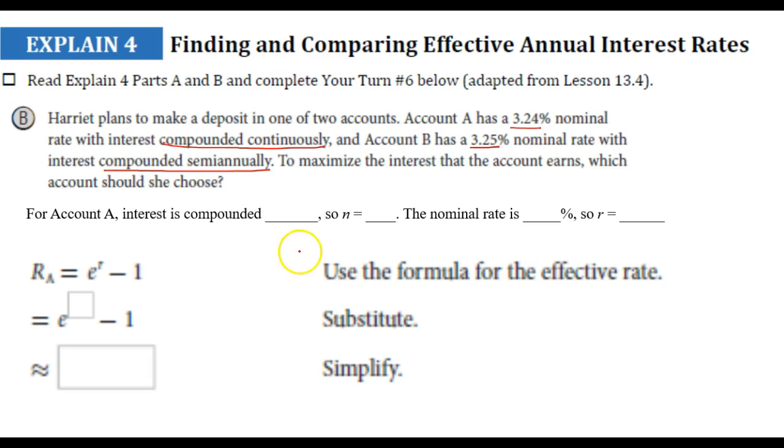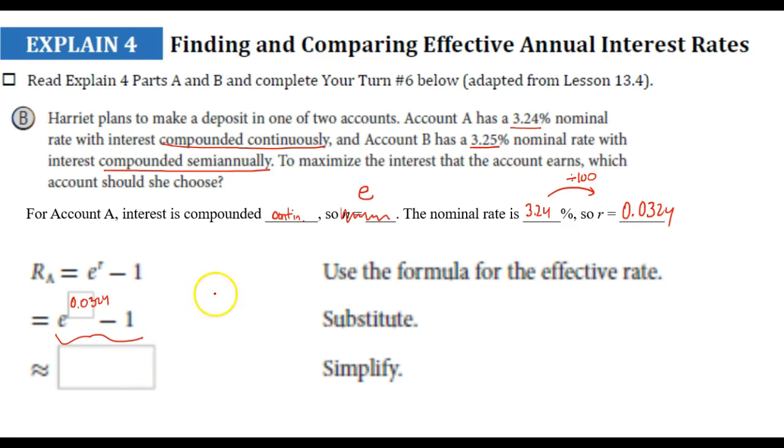Let's find out for account A. This interest is compounded continuously, so we use the natural number e to a power, and that rate would be about 3.24, which we change into a decimal by dividing by 100. That would be 0.0324.